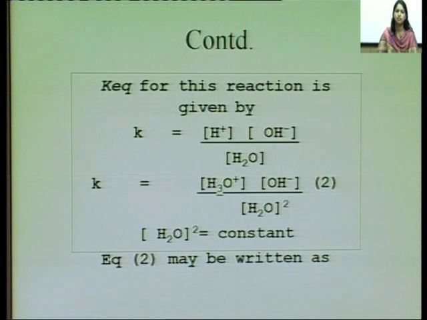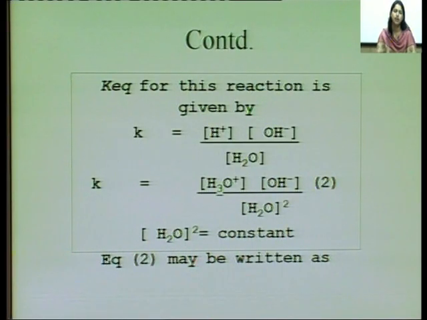So, K equilibrium for this reaction is given by H positive into OH negative over H2O, and for the second equation the products are hydronium ion and OH negative ion, and the reactant is H2O.